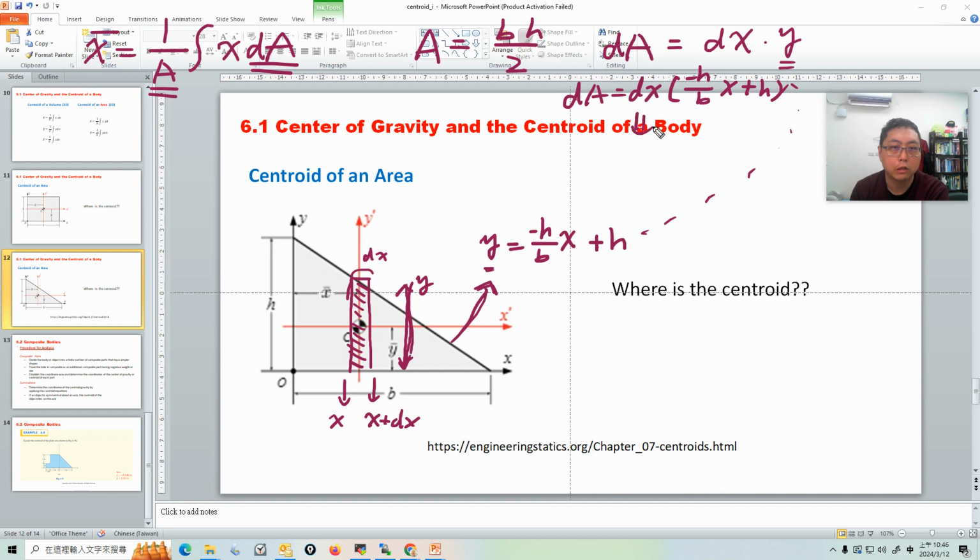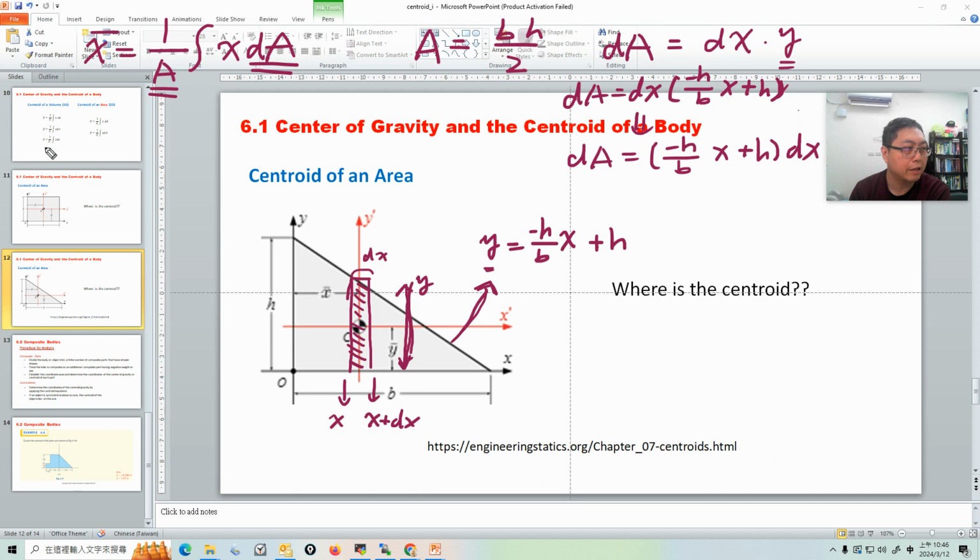Let us rearrange this formula in a more proper way: dA is equal to (minus h over b times x plus h) dx. That's about dA. So we have everything together, and we can calculate x bar.